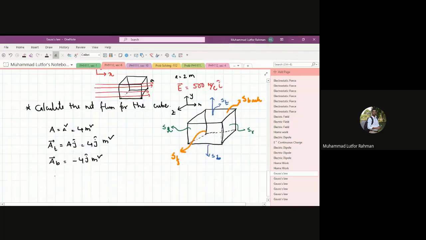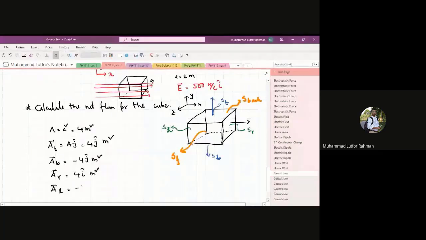Then what about, say, that right surface? Right surface towards that positive X direction, because area of this right surface would be perpendicular, that right surface would be toward that direction. Then I can write it be 4 I hat meter square. Area of the left surface would be minus 4 I hat meter square.